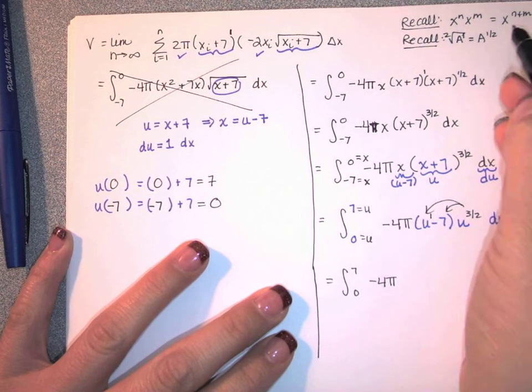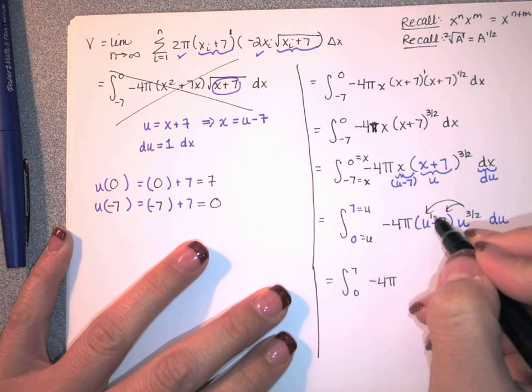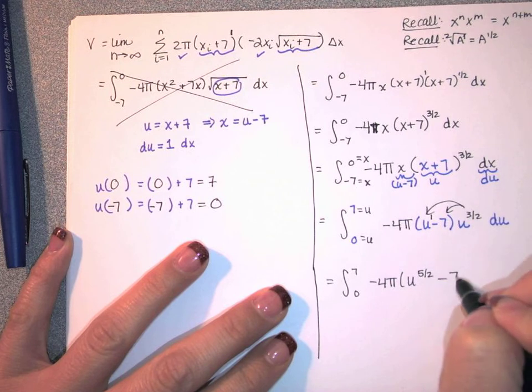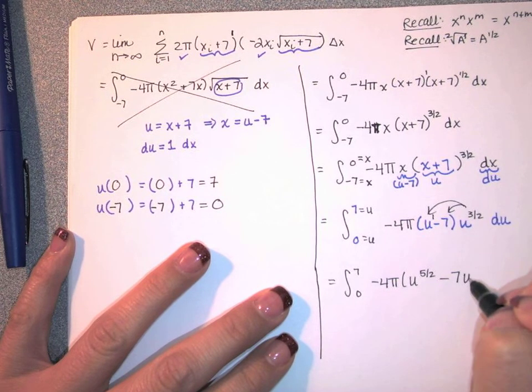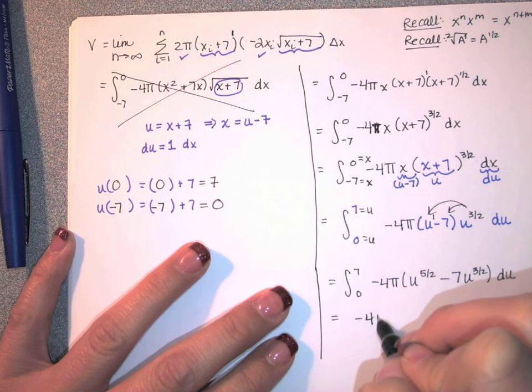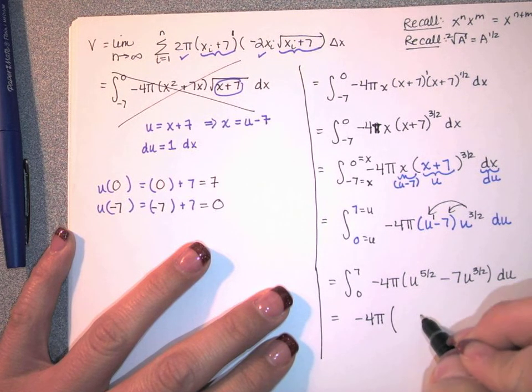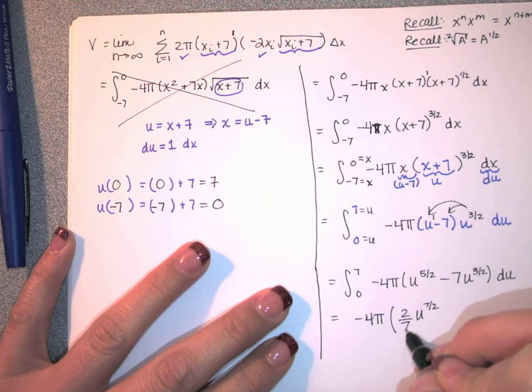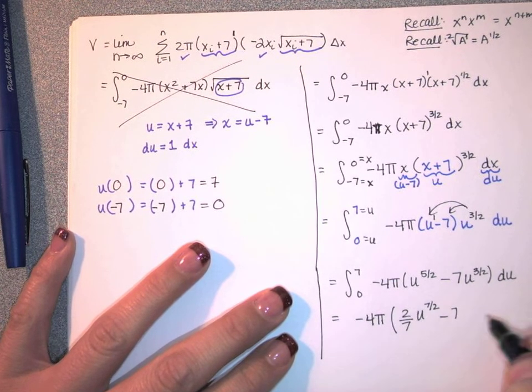Add those exponents. We're just using that property again. U to the first times u to the 3/2 is u to the 5/2. And we're subtracting 7 times u to the 3/2. Then bring the negative 4 pi down. Then you want to add 1 to the exponent and divide by the new exponent. Bring the negative 7 down.